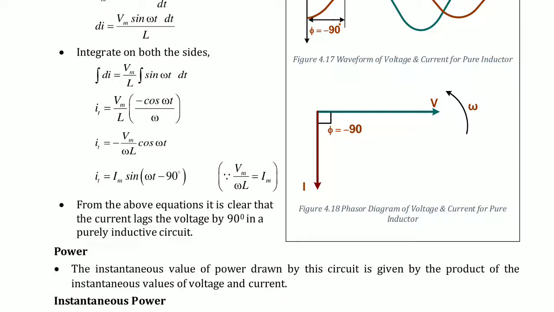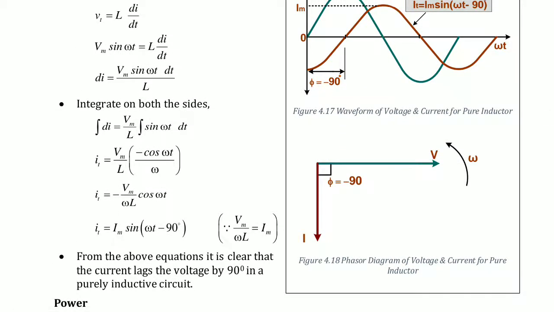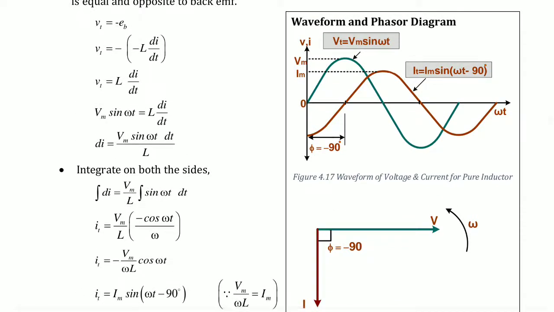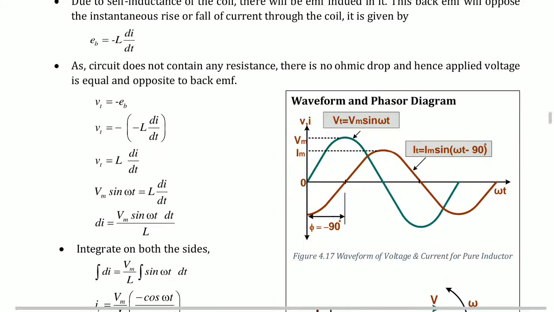Now go for the phasor diagram and waveform. In the waveform, the voltage, in green color, starts at 0 degrees and ends at 360 degrees. But in the inductor, the current, in red color, starts after 90 degrees.